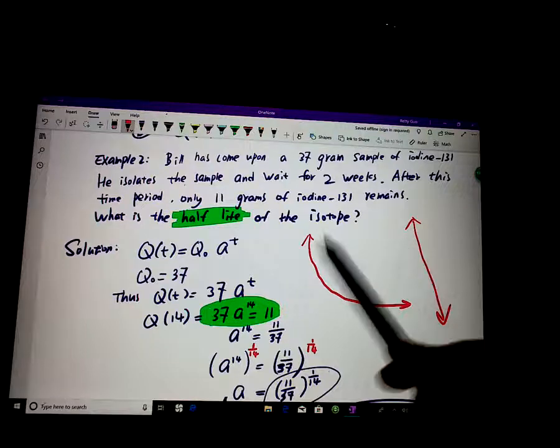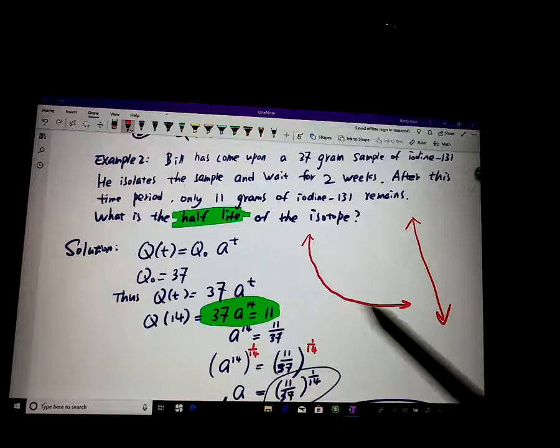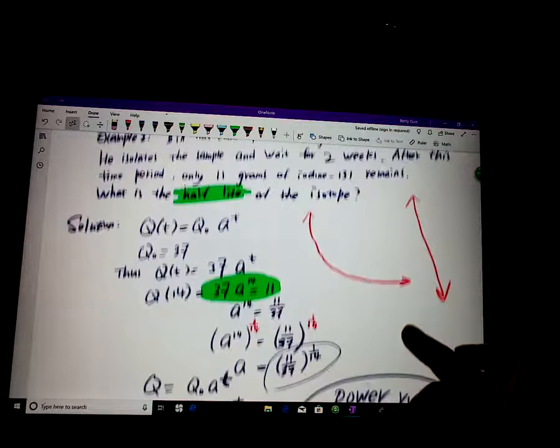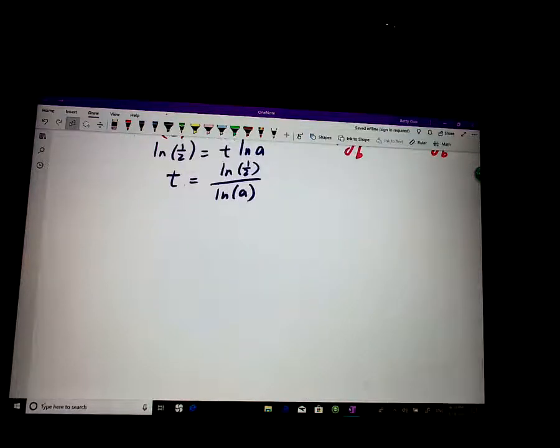Exponential decay decreases very fast in the beginning, but slows down later. I have questions in this day's quiz asking about half-life. So just think about this example.